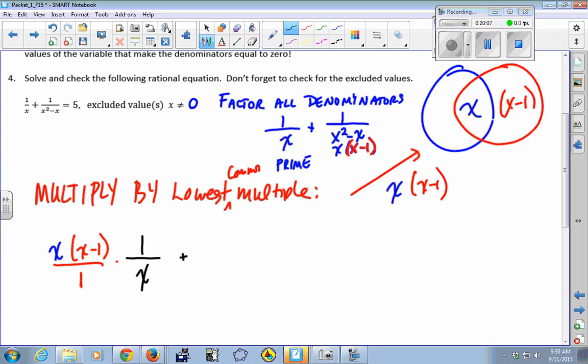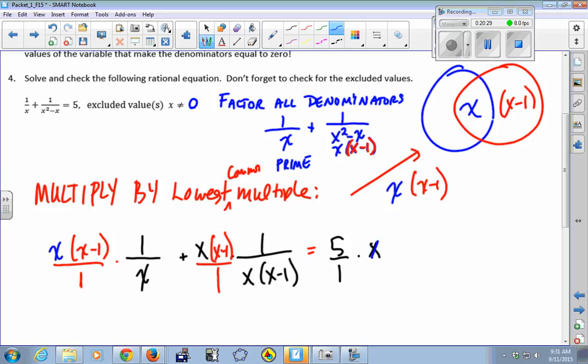My second fraction is 1 over x times x minus 1, and I'm going to multiply it by x times x minus 1. And then finally, on the right-hand side, I just have the number 5, which sits on top of 1. And I'm going to multiply that whole thing by x times x minus 1.